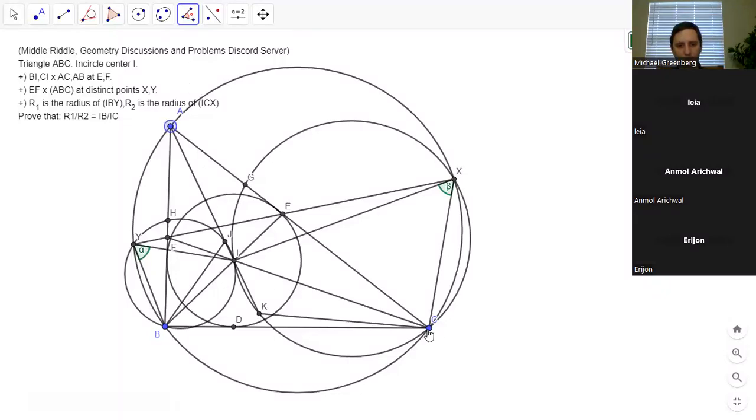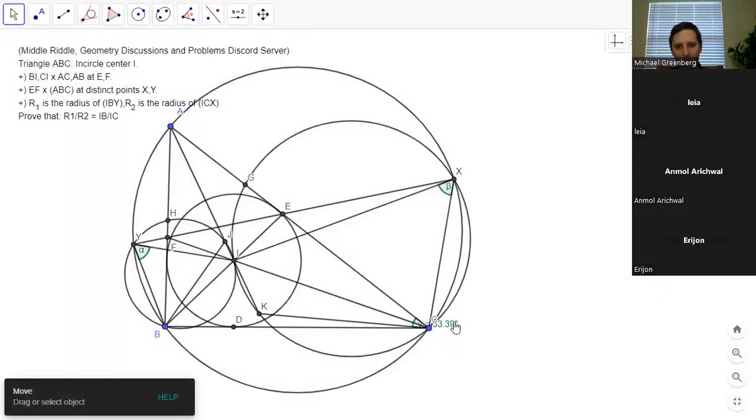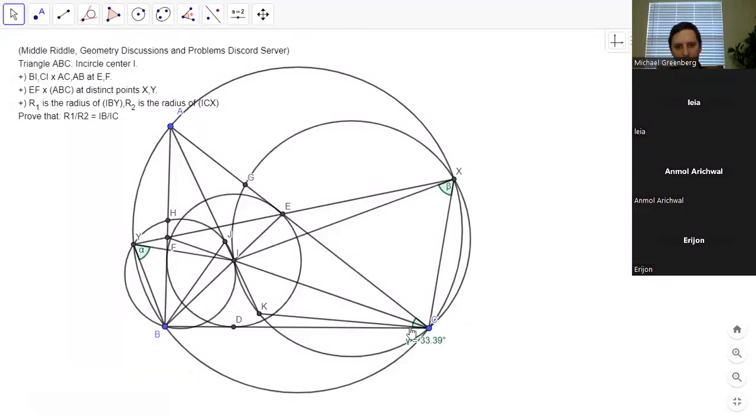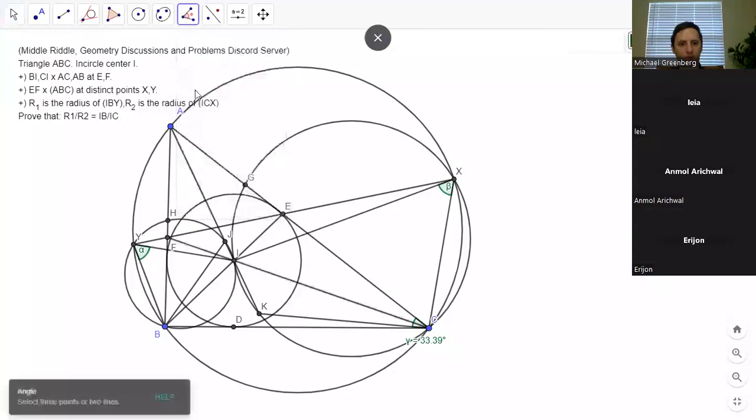So let's see. ACK. This looks bigger. Wait a sec. That's only 33.9 degrees. Huh. Must be an optical illusion.